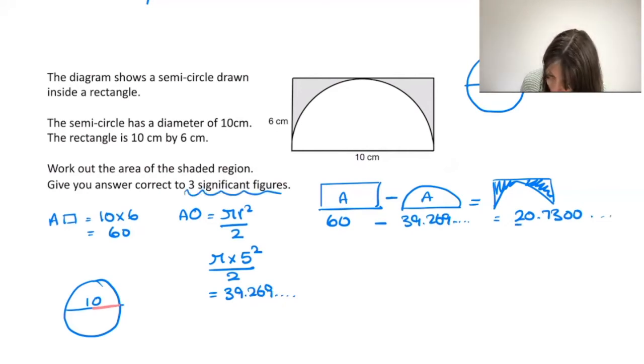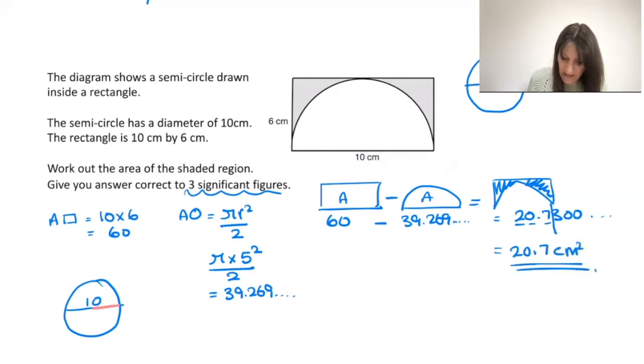So 1, 2, 3, cut. 20.7. The 3 is not big enough to have an impact, and it's centimeters squared. And that is our final answer. So hopefully that went quite well, especially after having had something quite similar earlier that we had a go at.